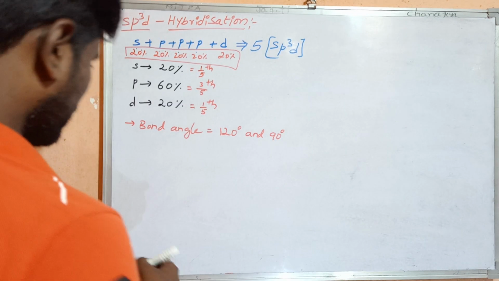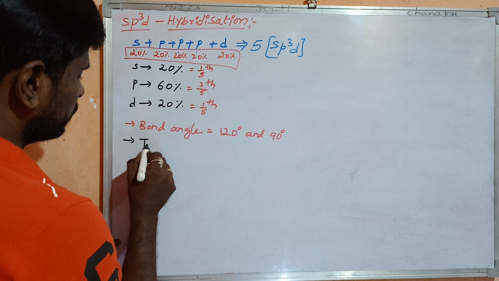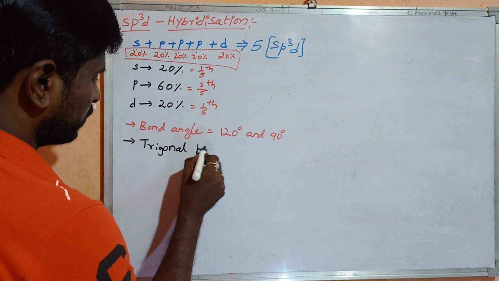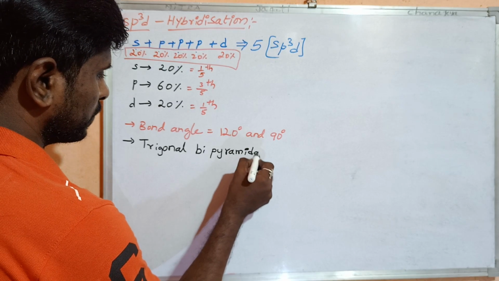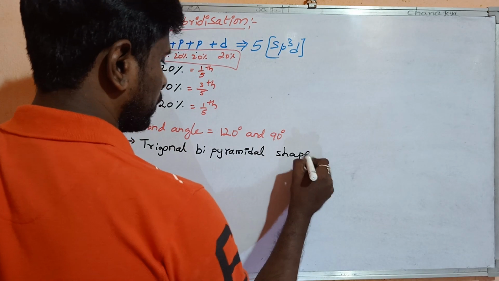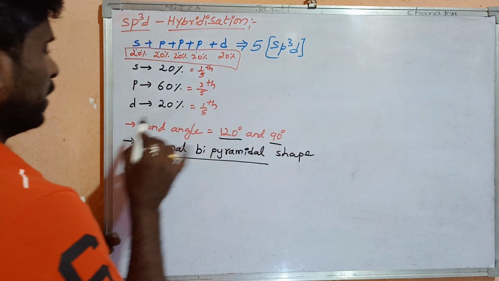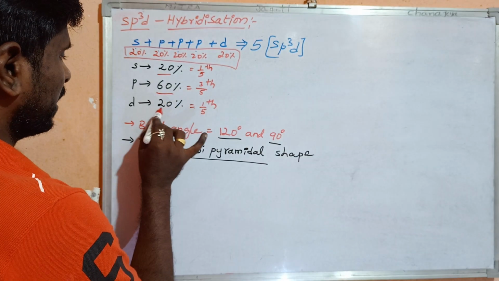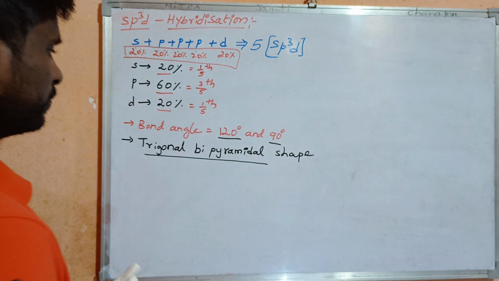The sp3d hybridization shape is trigonal bipyramidal. Bond angles 120 and 90 degrees. Here S character is 20%, P character is 60%, D character is 20%. This is the sp3d hybridization.